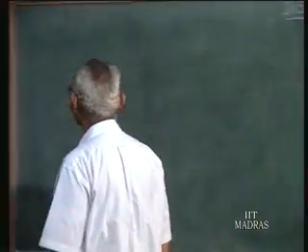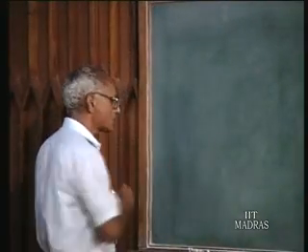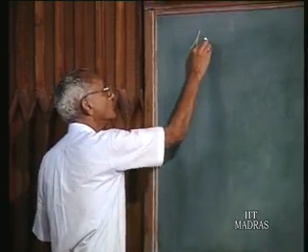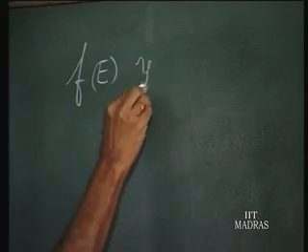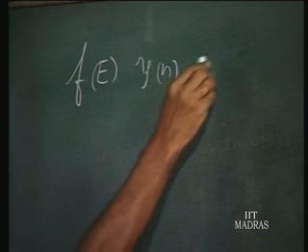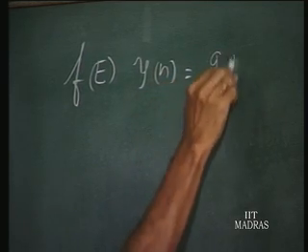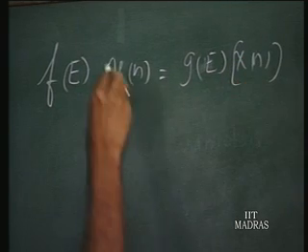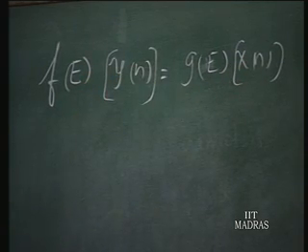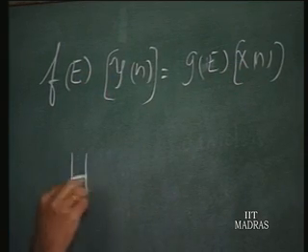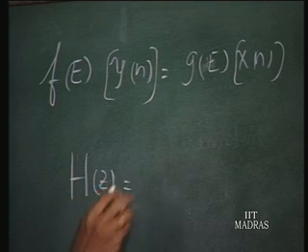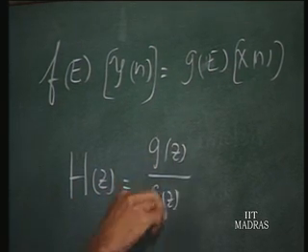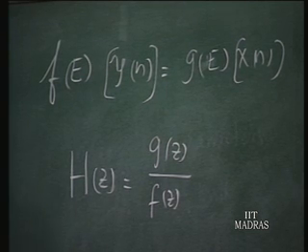We also saw that if the difference equation pertaining to the input and the output is of the form F(E) operating on y(n) is G(E) operating on x(n), where F(E) and G(E) are operator functions, then we said the system function H(z) can be obtained as G(z) over F(z), where G and F are polynomials in z.